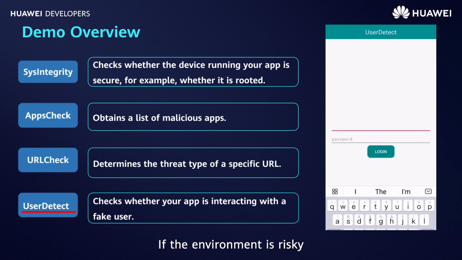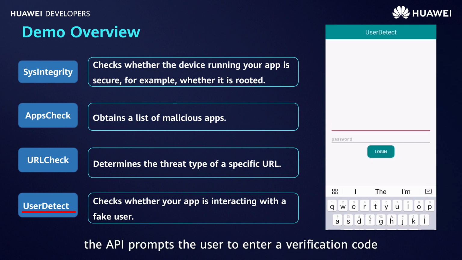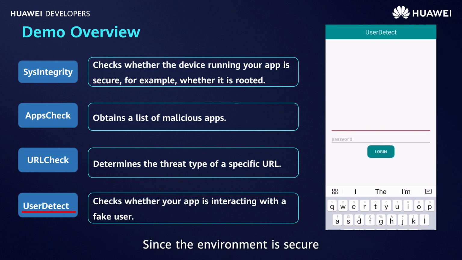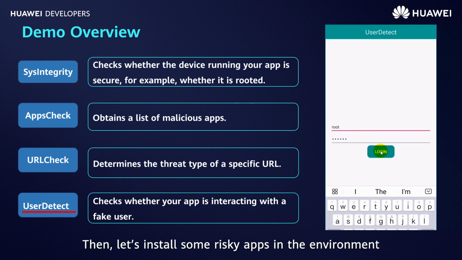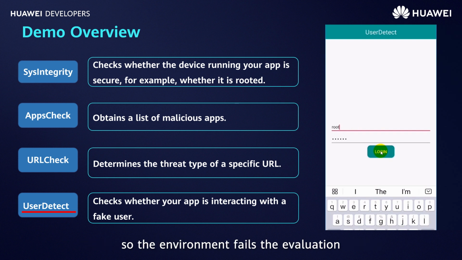If the environment is risky, the API prompts the user to enter a verification code. Since the environment is secure, the API does not prompt the user to enter a verification code, and the sign-in is successful. Then, let's install some risky apps in the environment, so the environment fails the evaluation.